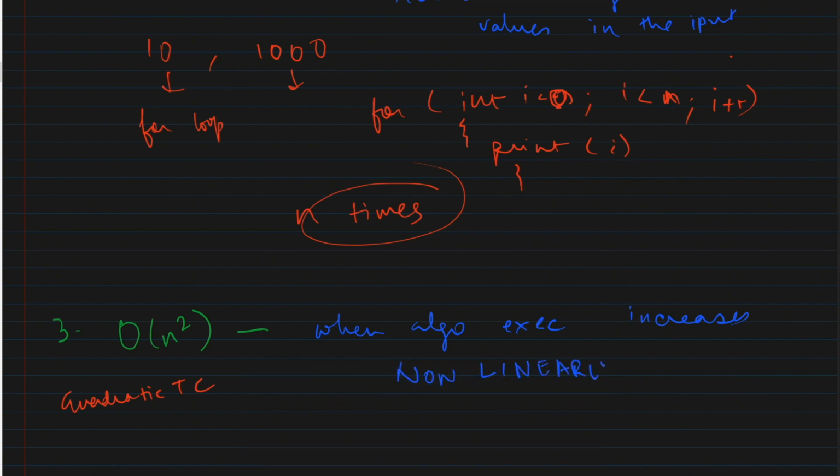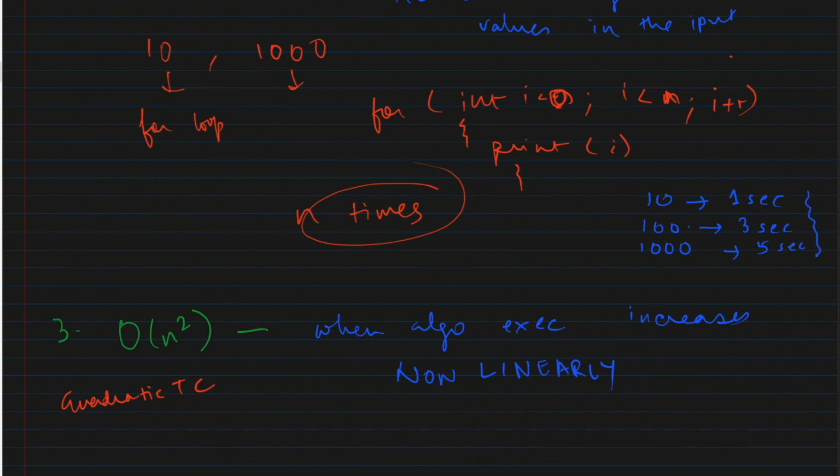As simple as I am having 10 inputs in the previous case, and 10 inputs is taking 1 second. I have 100 inputs, and that is going to take maybe 3 seconds. I have 1000 inputs, and that is going to take, let's say, 5 seconds. So it's a gradual increase, nothing rapid.